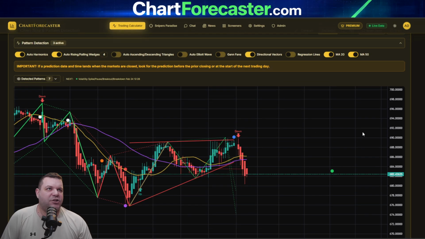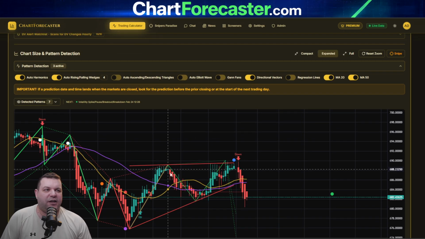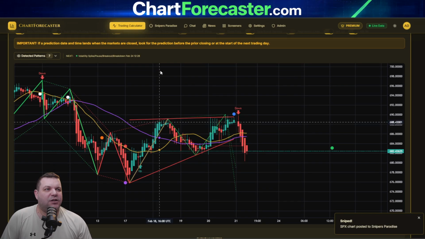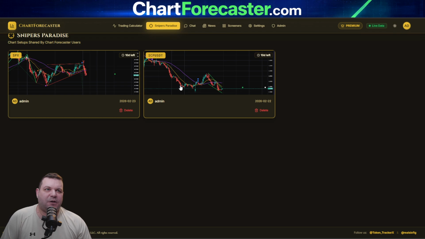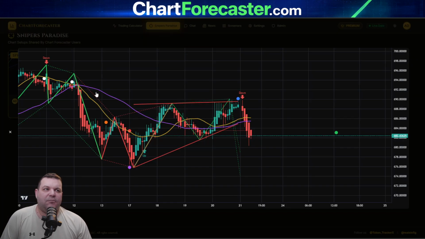Now, I mentioned Sniper's Paradise earlier. What's really cool is if I find a really killer setup, I can just come right up here and click Snipe. And the ChartForecaster community, this is a brand new feature that I just rolled out, can then go to the Sniper's Paradise tab, and maybe they can see that, oh man, hey, this might be a good opportunity to go short here.